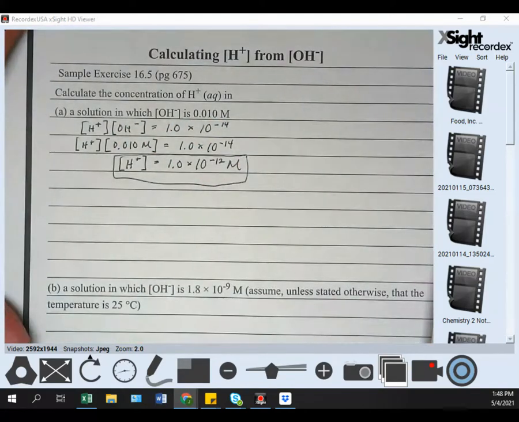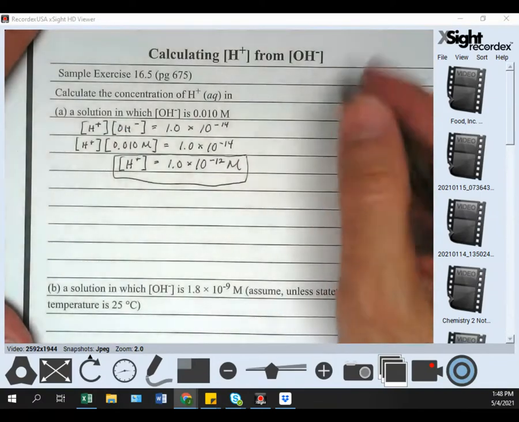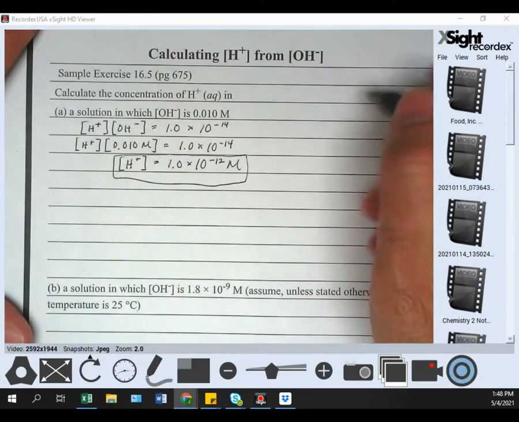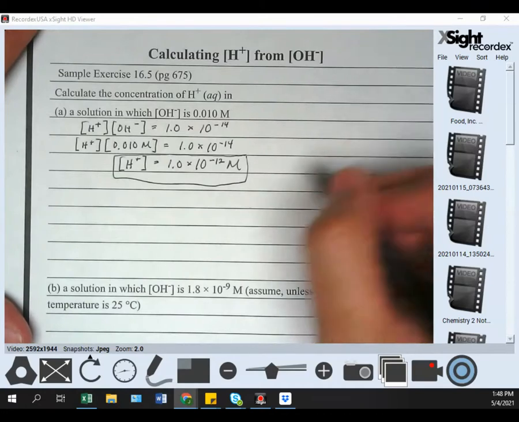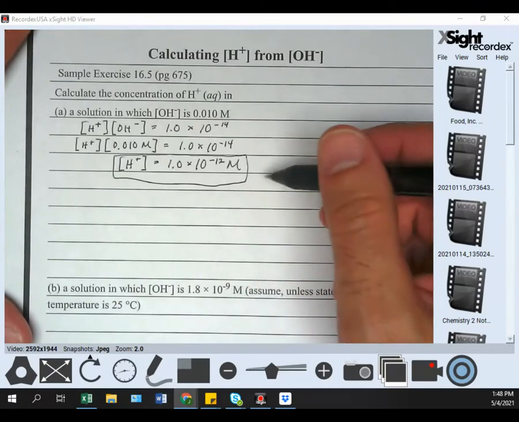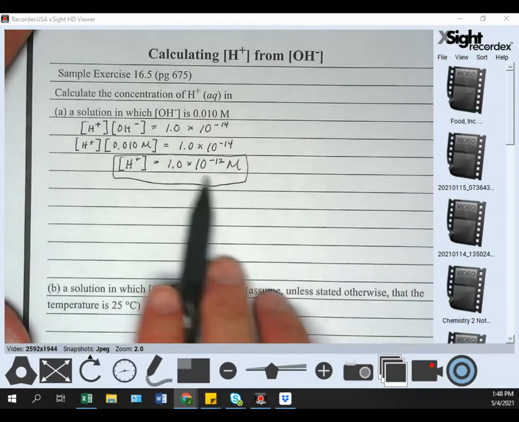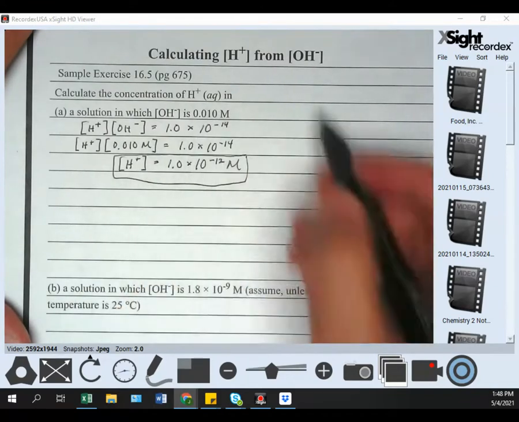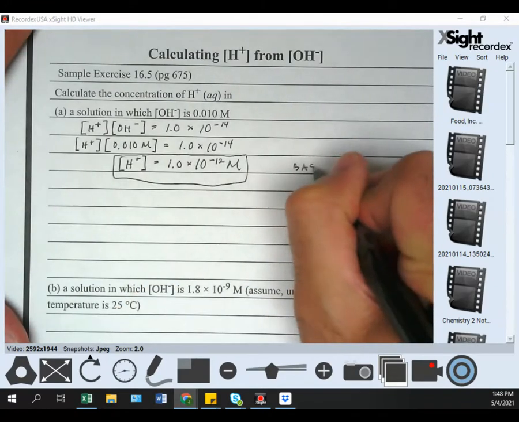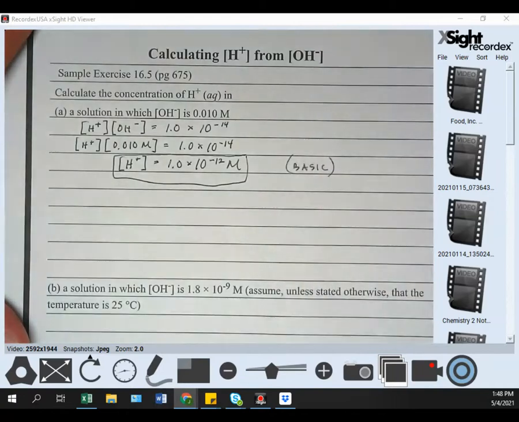Okay. Now, if you were asked, you could tell if this were acidic or basic, right? Which one would it be? Yeah, good. Because the hydrogen's a lot smaller than the hydroxide, so you would be able to tell that it was basic.